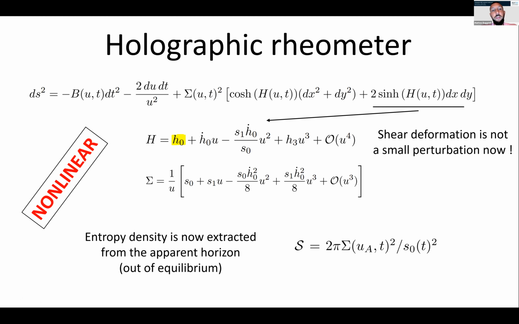Then you compute the full time evolution of your system by applying a shear rate. As you will see, this H0 is the shear deformation, so the time derivative of H0 determines the shear rate. What I want to do is solve the whole system numerically, increasing the shear rate and reading off the stress, and then the viscosity in this setup. Okay, that's what I want to do.